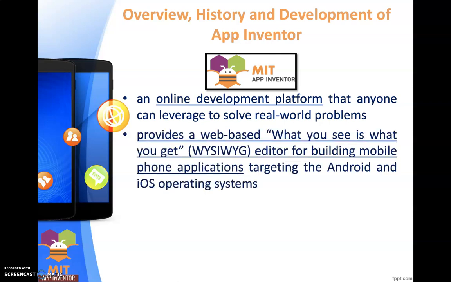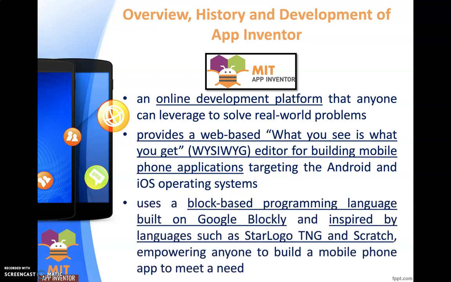It provides a web-based what you see is what you get, or WYSIWYG, editor for building mobile phone applications targeting the Android and iOS operating systems. It uses a block-based programming language built on Google Blockly and inspired by languages such as StarLogo TNG and Scratch, empowering anyone to build a mobile phone app to meet a need.